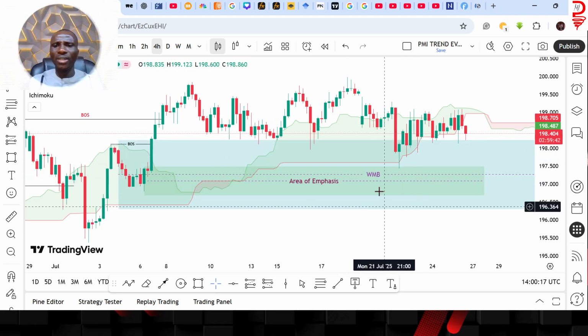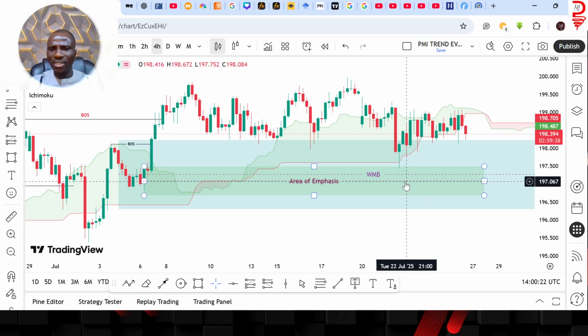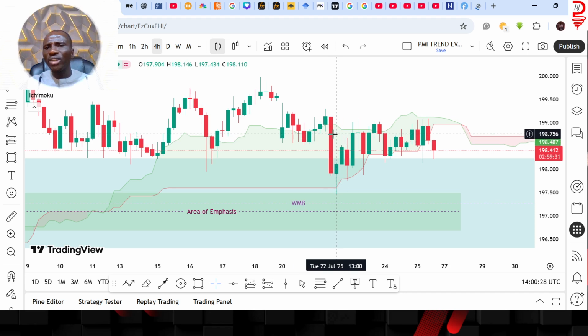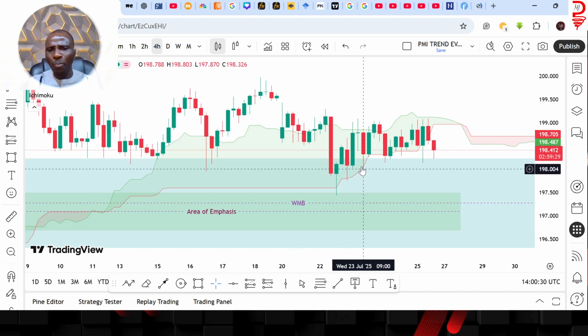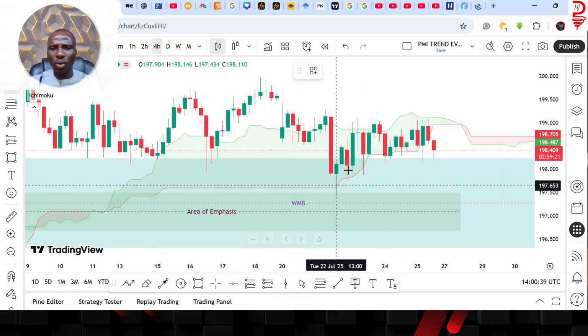So the market traded back into the area of emphasis, then you waited for an engulfing move. This particular move closed above this bearish candle now. Then you can position this, and it will form your entry box.